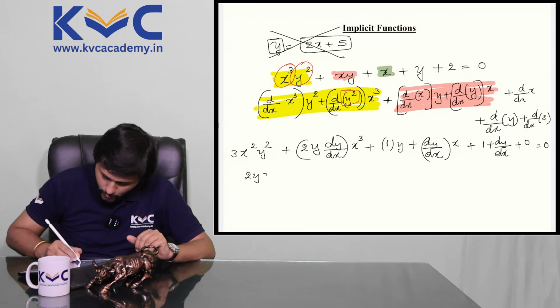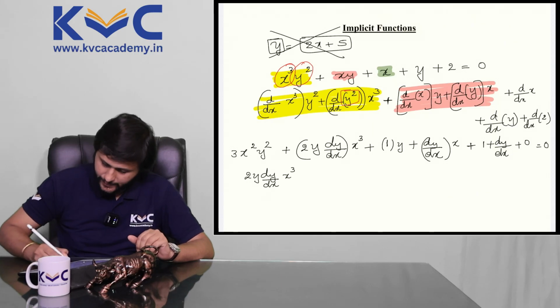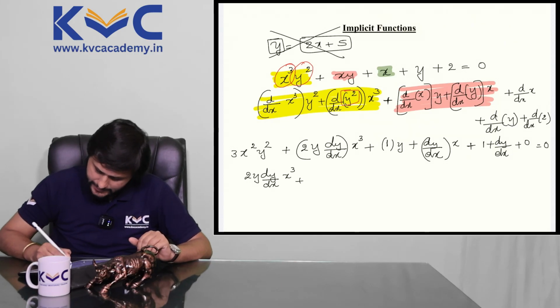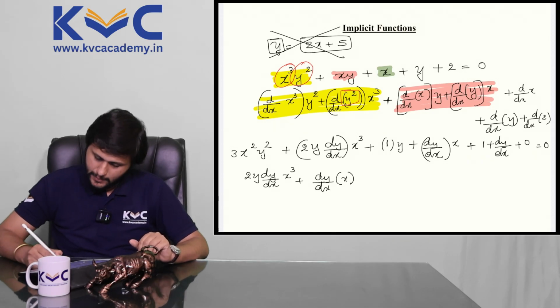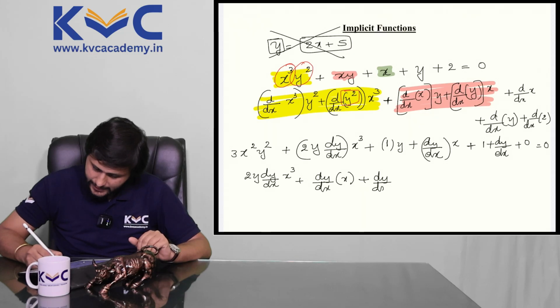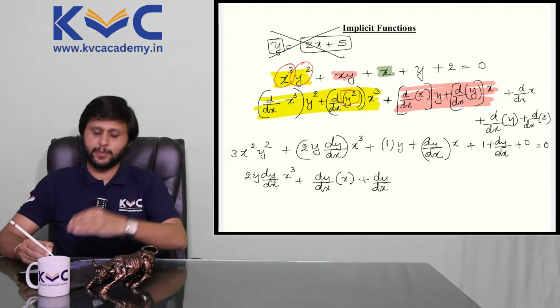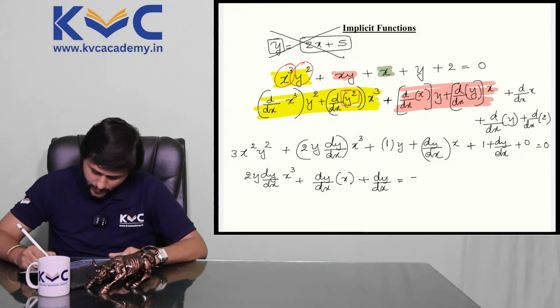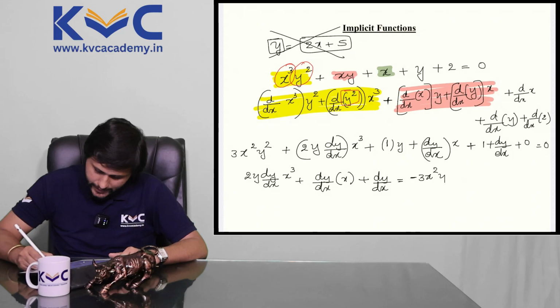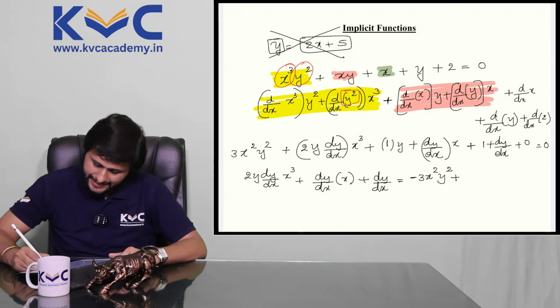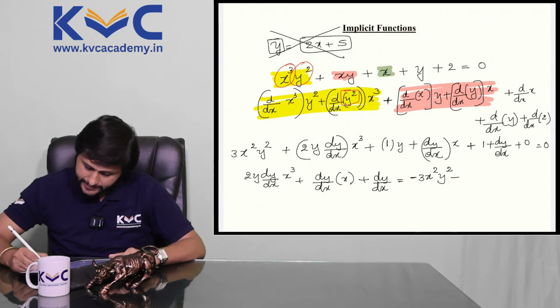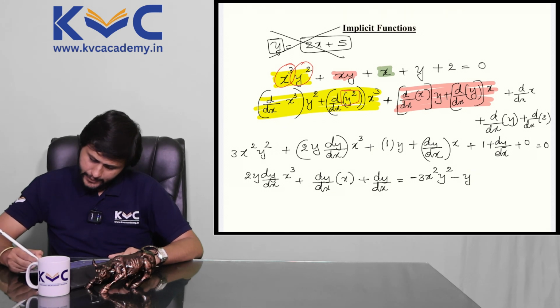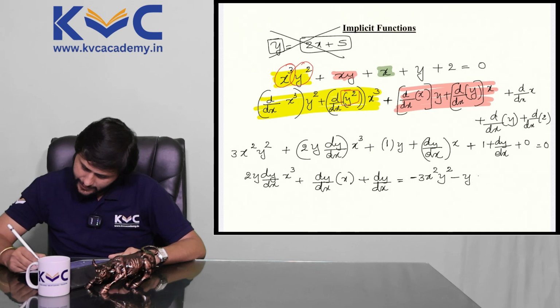So I get 2y dy by dx into x cube, then I have plus dy by dx into x plus dy by dx. All the ones with dy by dx I brought to left hand side. What is there on the right hand side? I have minus 3x square y square, plus becomes minus when it goes to the other side. We have minus y. Okay, that's it. I believe. Okay, we have plus 1 also.